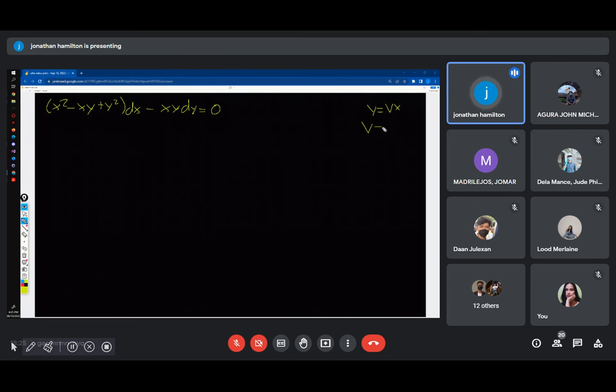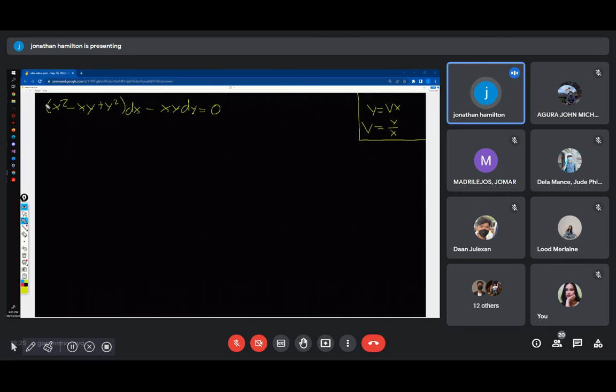Or we could say v is equal to y over x. So this will be important later on, but ato to ni i-note. If homogeneous siya and of degree 2, kani ang pinaka-importante na dapat ato i-remember.